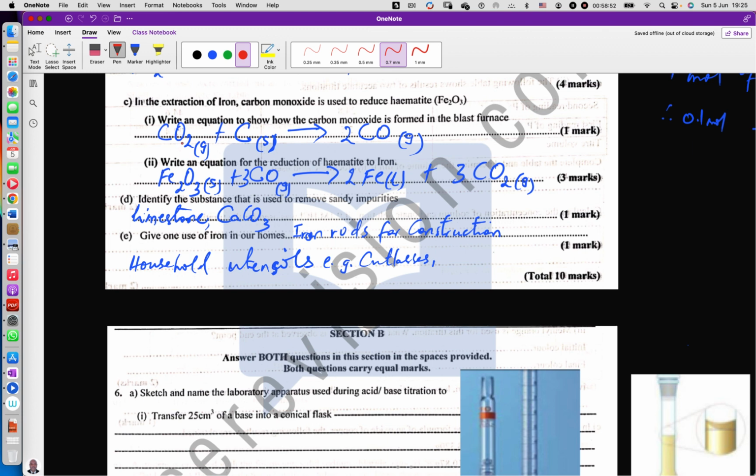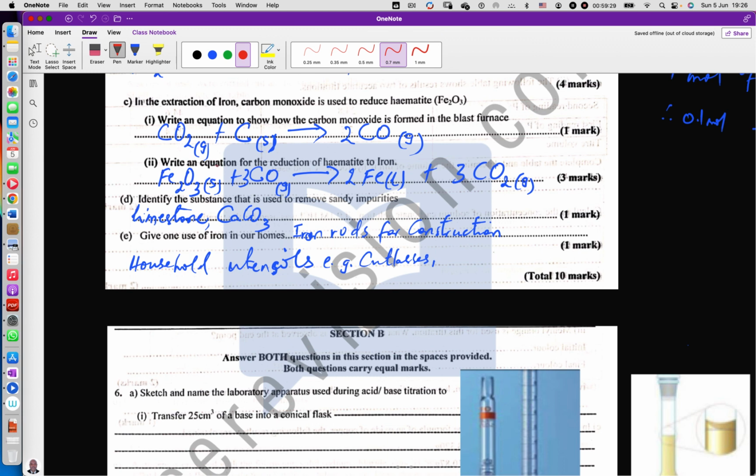Carbon dioxide plus carbon, which is solid, gives carbon monoxide. That is the equation. It has reduced carbon from +4 to +2, and oxygen is -2. It has oxidized carbon from 0 to +2.